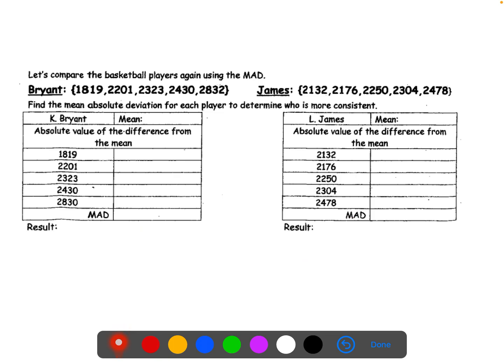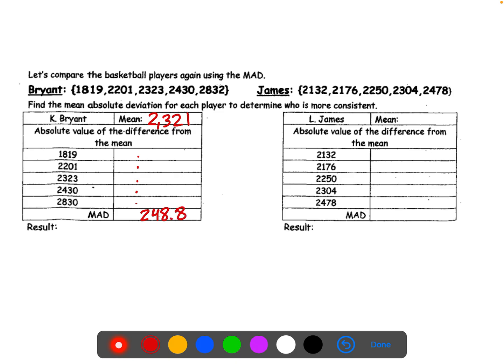All right. After you did all that work, you should have found that the mean for Bryant was 2,321. And when you calculated each of the deviations for those 5 years and found the mean of that, you get 248.8.